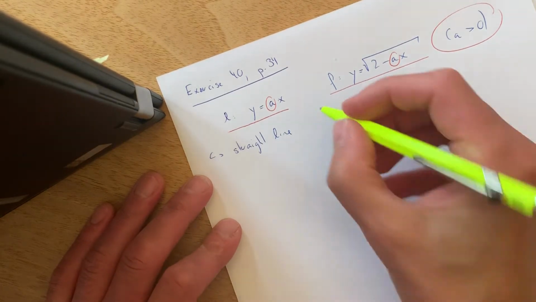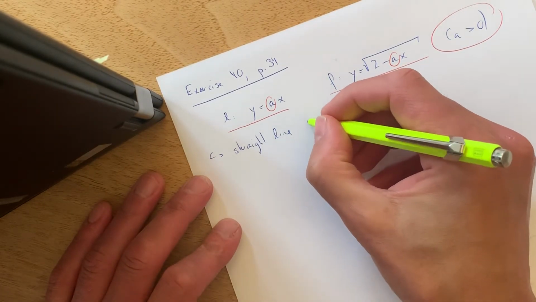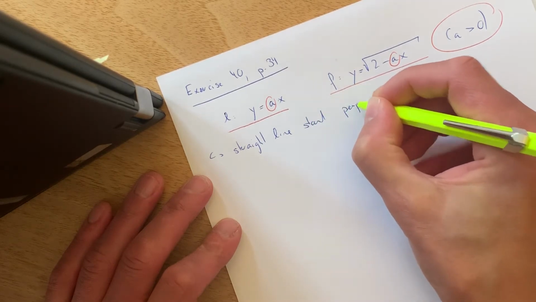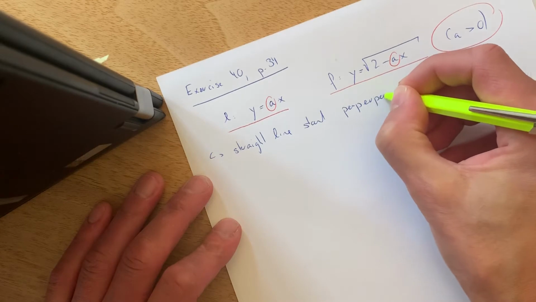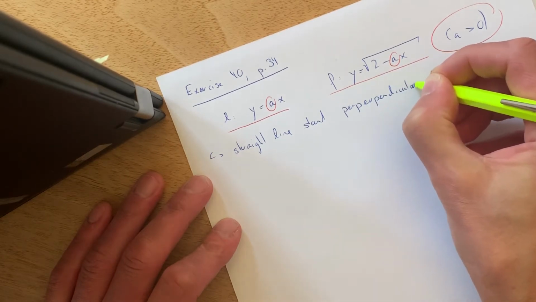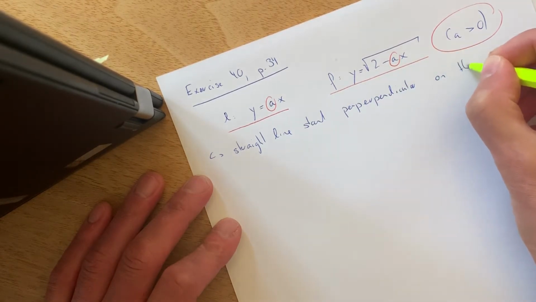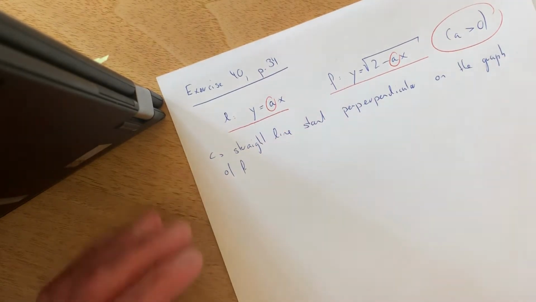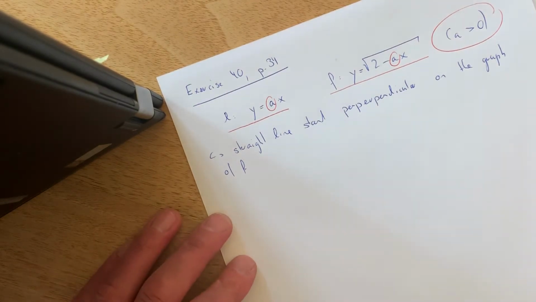And according to the exercise, that straight line stands perpendicular on the graph of f. So the straight line intersects the graph of f in a right angle.